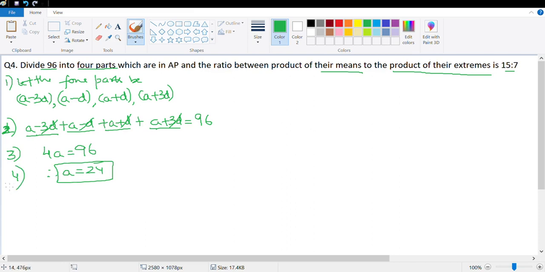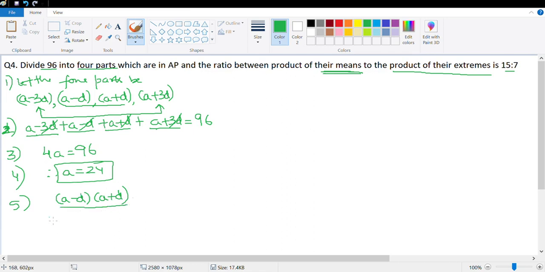Let's see what is the other relationship which is given. It says ratio between product of their means. So the mean terms, in case you have 4 terms, are the 2 middle terms, and the extreme terms are the 2 terms right in the beginning and at the end. So product of their means is a minus d multiplied with a plus d, and the ratio is between the product of means to the product of extremes.